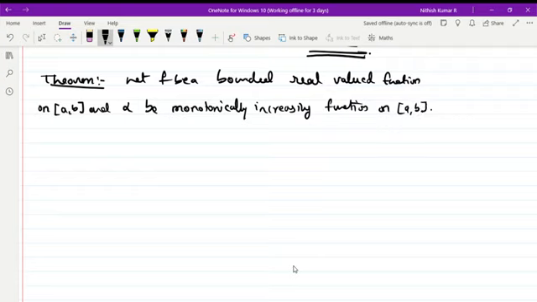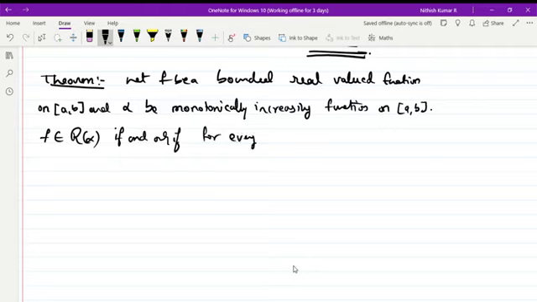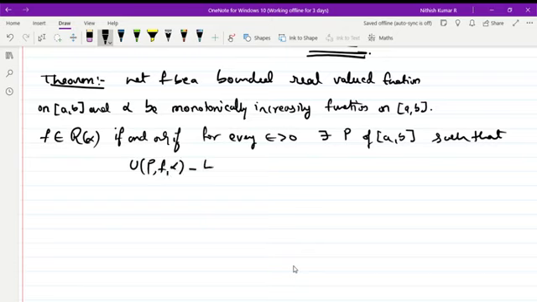The result goes like this. This is the hypothesis, and the result is: f belongs to R(alpha), that is, f is Riemann Stieltjes integrable, if and only if for every epsilon greater than 0 there exists a partition P of the closed interval [a, b] such that U(P, f, alpha) minus L(P, f, alpha) is less than epsilon.